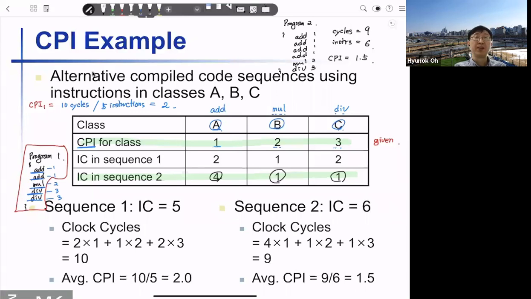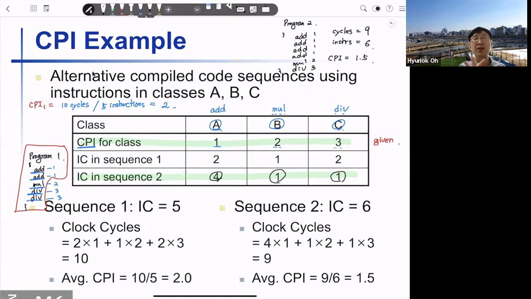So even for the same computer system, the CPI changes per program. For some applications, CPI can be very small, but for other applications, the CPI will be large. So CPI is not a fixed value.